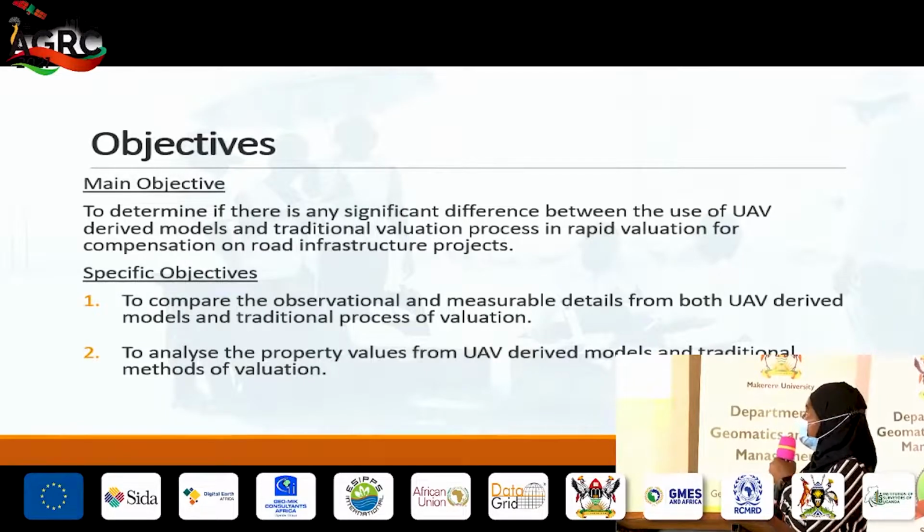So the main objective is to see if there is a significant difference between the use of UAV-derived models and the traditional valuation process in rapid valuation for compensation on road infrastructure projects.